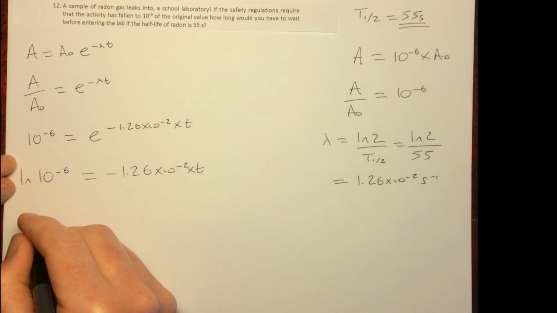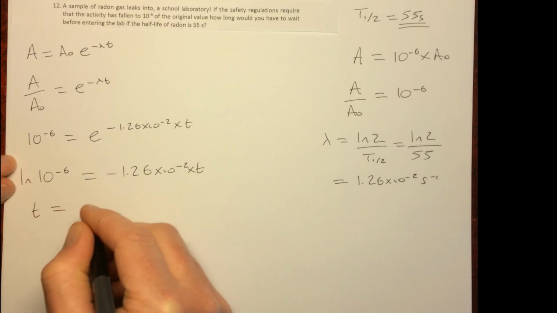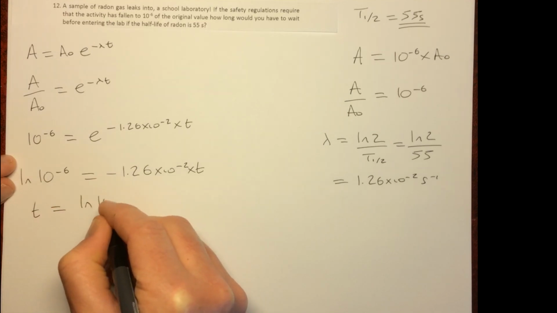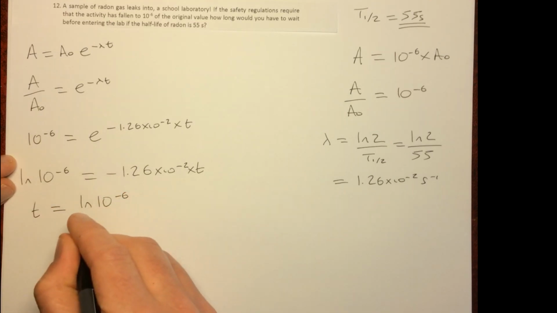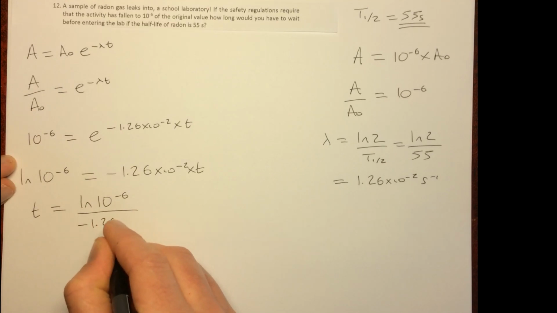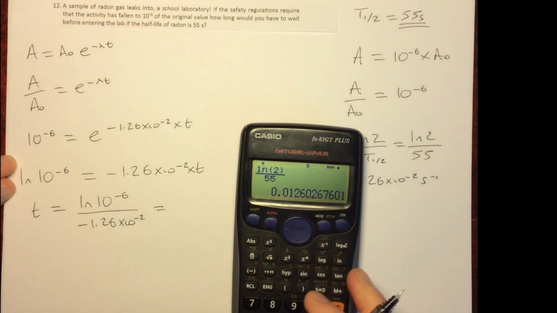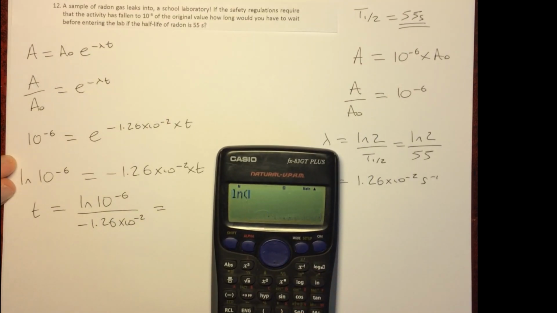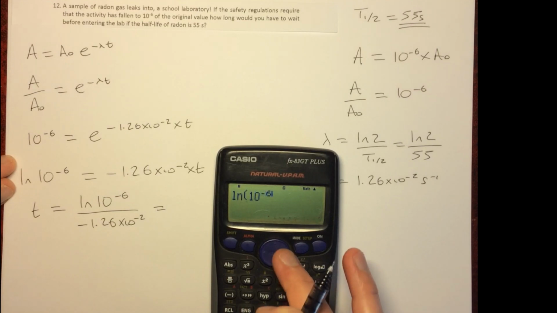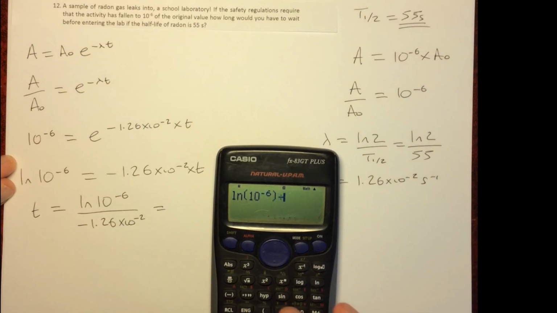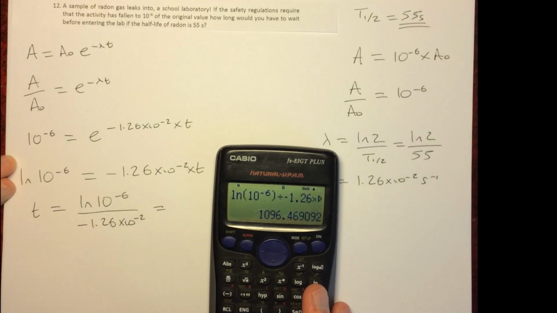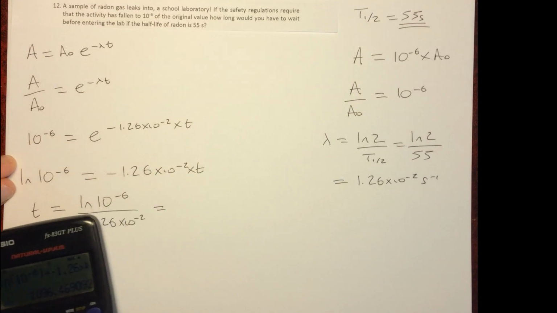Now we can then rearrange this to work out the final answer, and it's going to be this. Okay, so ln 10 to the power of minus 6, divided by minus 1.26 times 10 to the minus 2, and that's going to give us 1096.